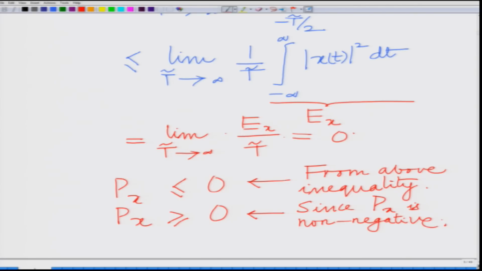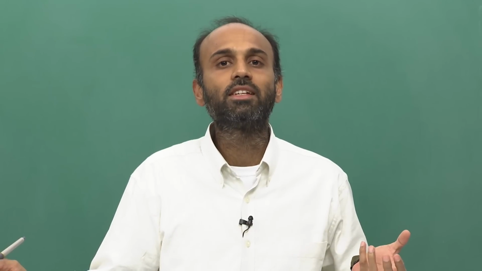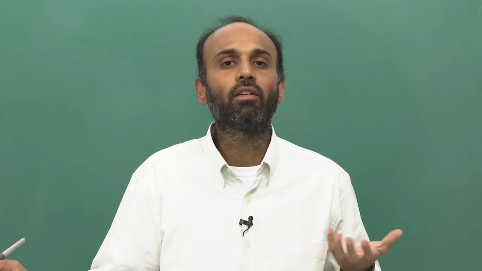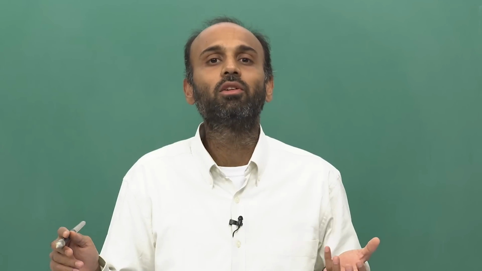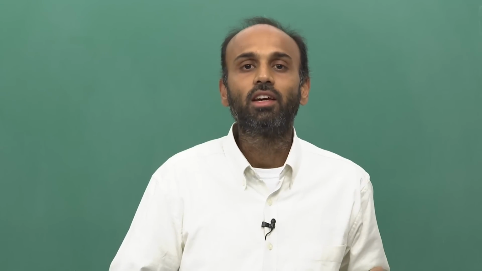P x is non-negative because it is the integral from minus t tilde divided by 2 to t tilde divided by 2 of magnitude x(t) square dt, divided by t tilde. Everything is non-negative, so this is a non-negative quantity. So, the only possibility is that P x is equal to 0. That is, the power of an energy signal is equal to 0.